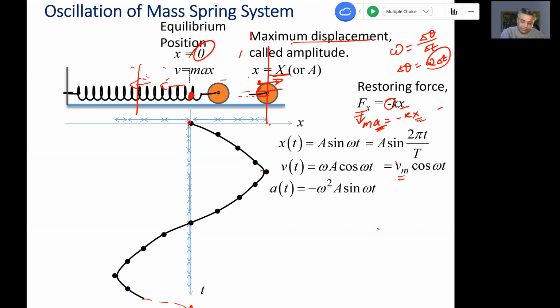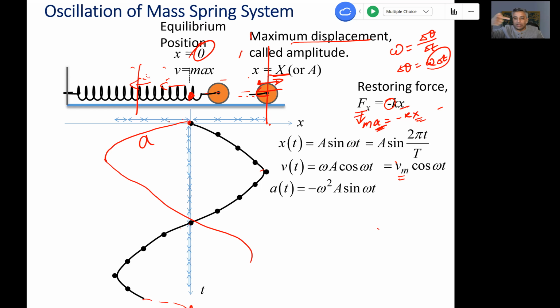So if I were to draw acceleration, I have to go this way. So that's going to be the acceleration. When x is going positive, acceleration is negative. What does it mean? For example, this is attached to the spring, right? And it is moving this way, which means acceleration is pulling towards the equilibrium position.